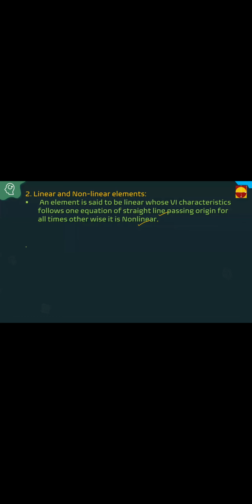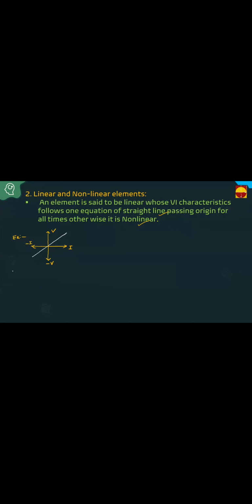See, for example, friends, is it linear or non-linear? If the characteristics are given like this: this is V, this is minus V, this is I, this is minus I. Can anybody tell if it is a linear element or non-linear?